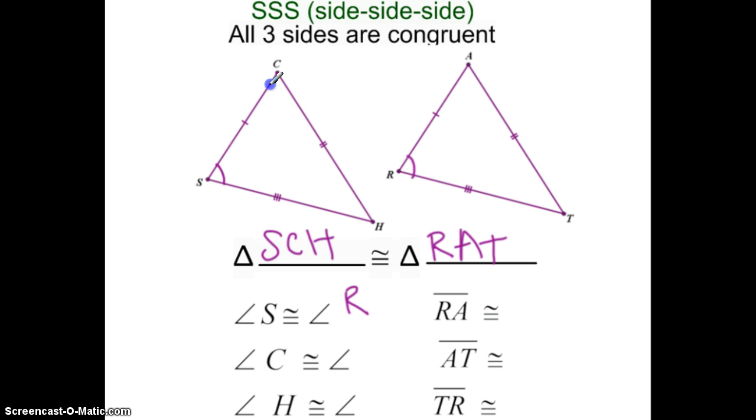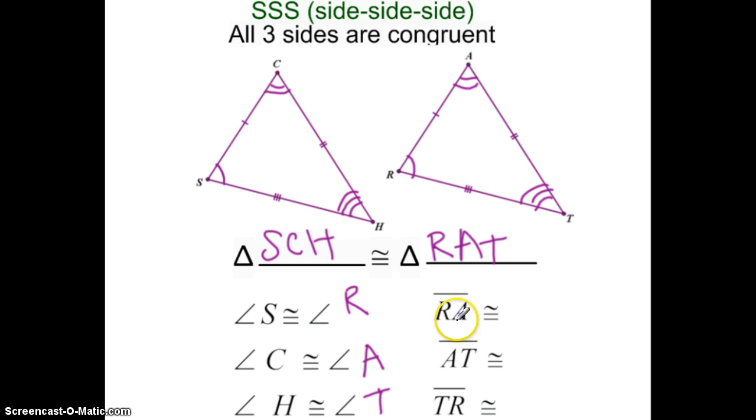Angle C, when all 3 sides are congruent, is going to be congruent to angle A. These are the included angles between our first side with 1 hash mark and our second side with 2 hash marks, same on both. Angle H is going to correspond with angle T. So our side side side postulate tells us that if all 3 of our sides are congruent, then all of our parts within this triangle are congruent as well, so we can match up our angles.